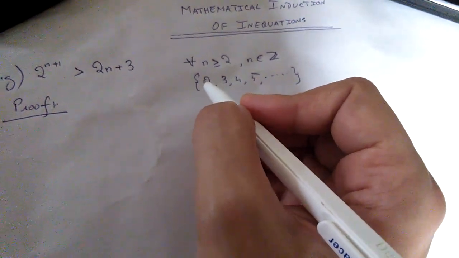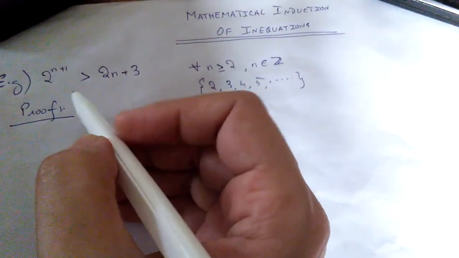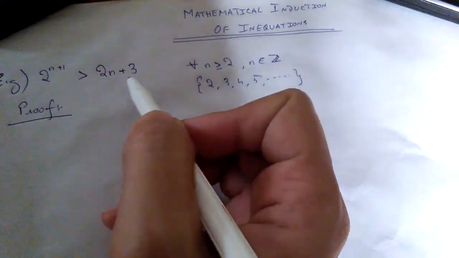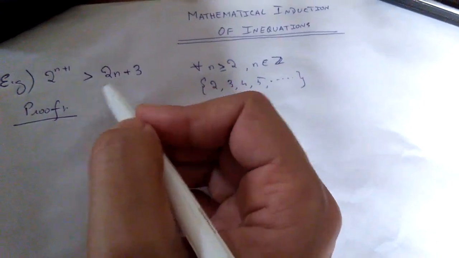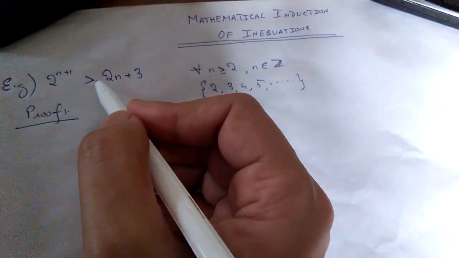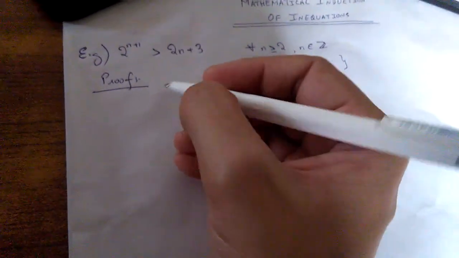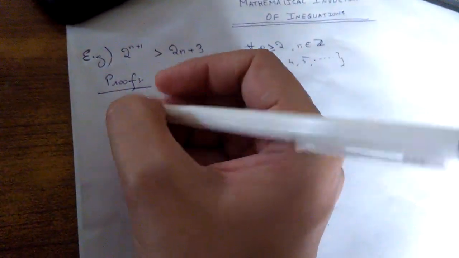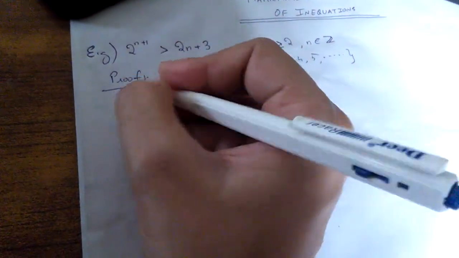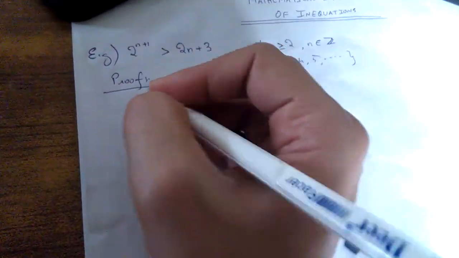So in the basic step, what you do is substitute n equals 2 in this inequation, and you check whether this greater than sign is preserved or not. So let's have a look, for our p of n is this inequation.